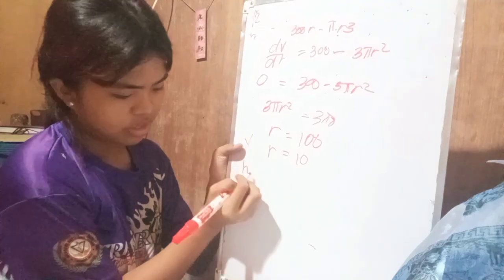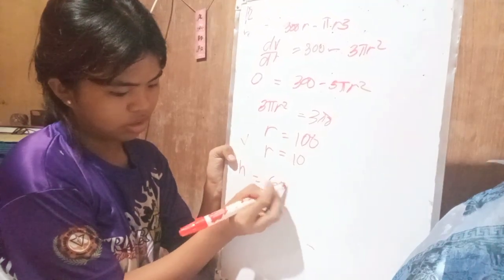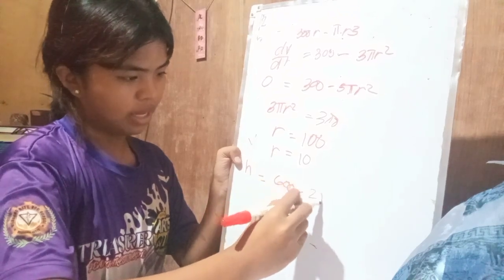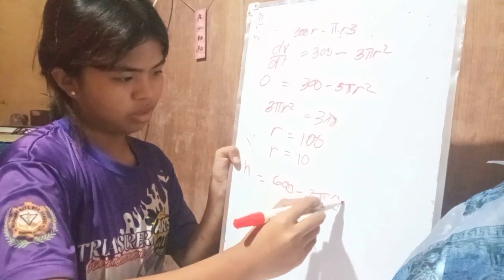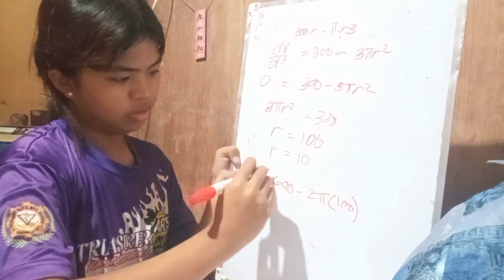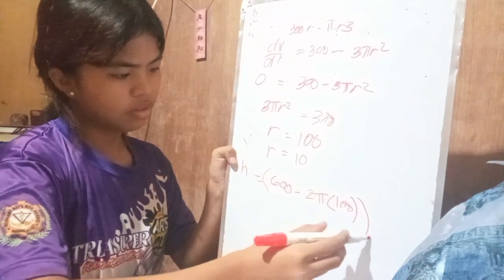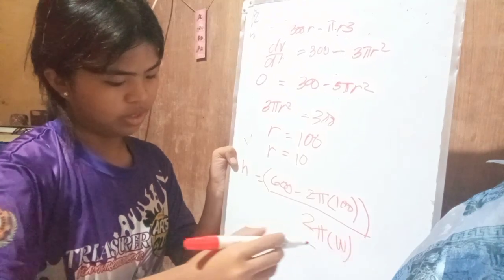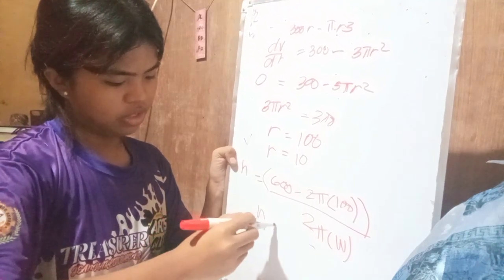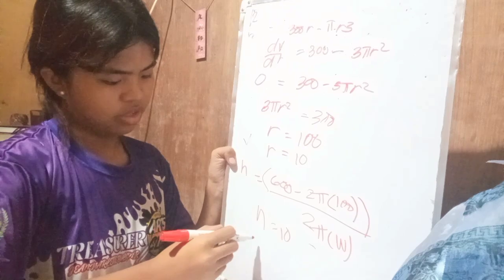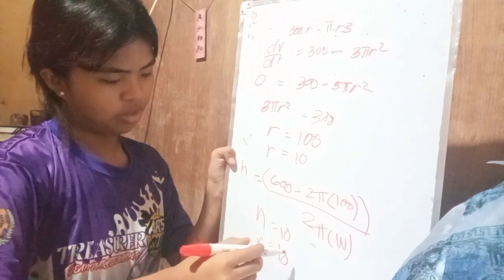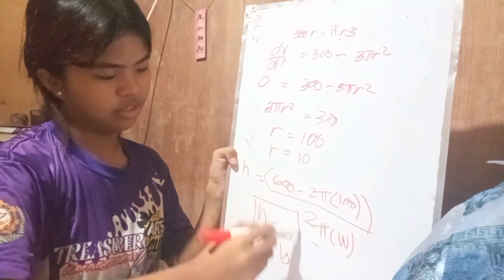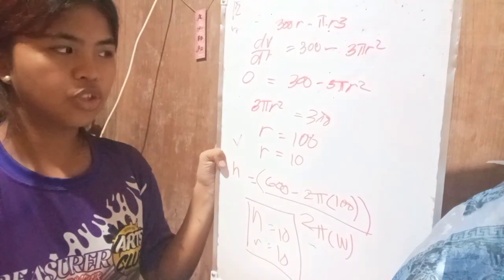So, h is equal to 600 minus 2 pi times 100 over 2 pi, so h is 10, and r is also 10. So, the answer is 10 and 10.